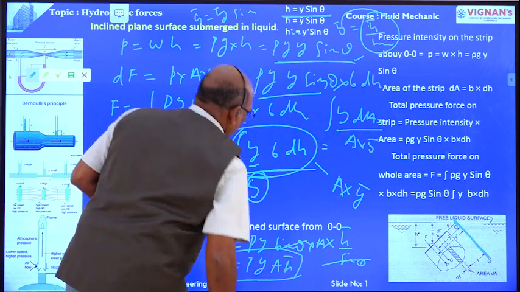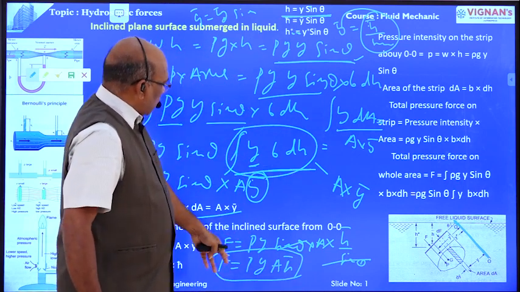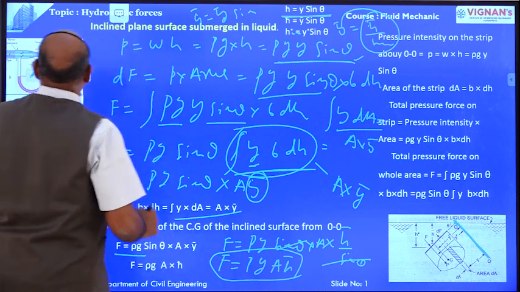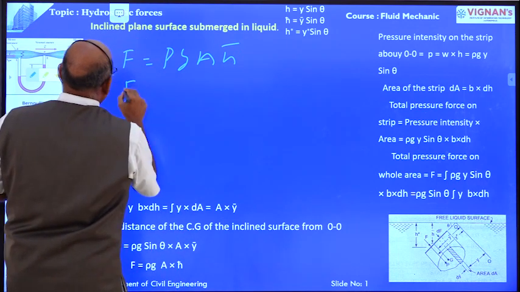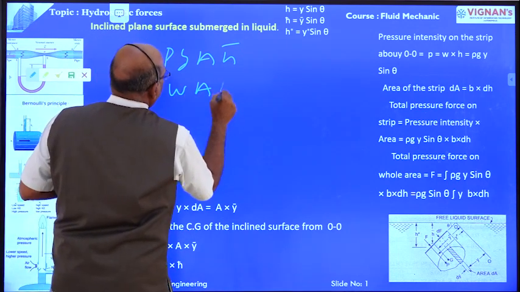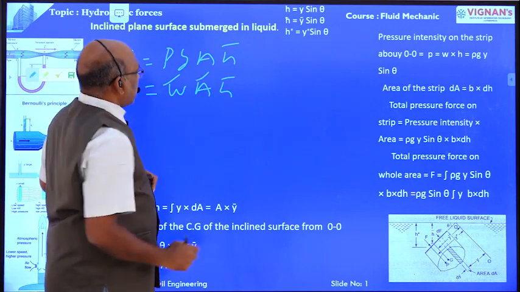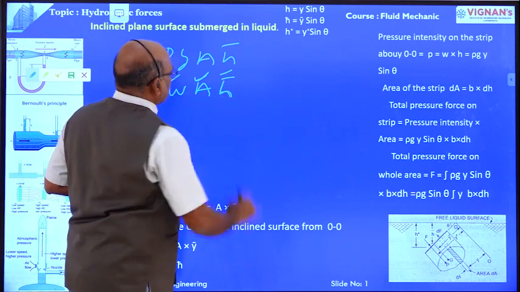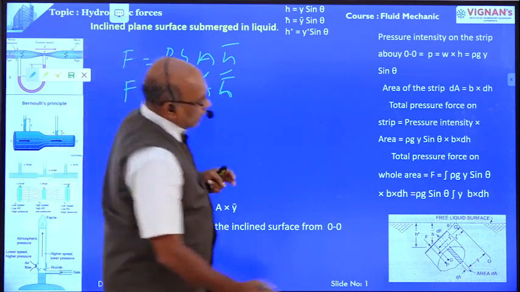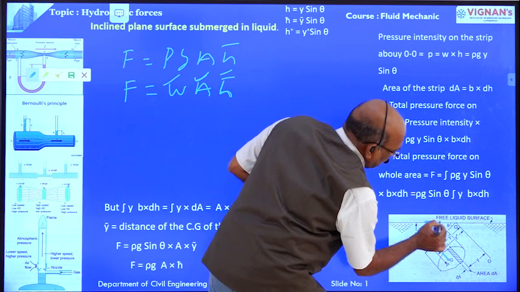Right, this is the total force acting on the plane surface that is immersed at an angle theta with the free surface. F is equal to rho g A h bar, or F is equal to W A h bar, where W is the unit weight of water, A is the surface area of the plane, and h bar is the distance between the center of the object and the free surface.